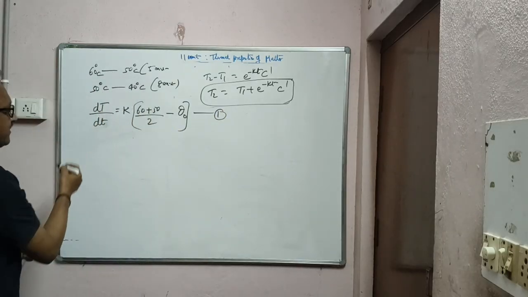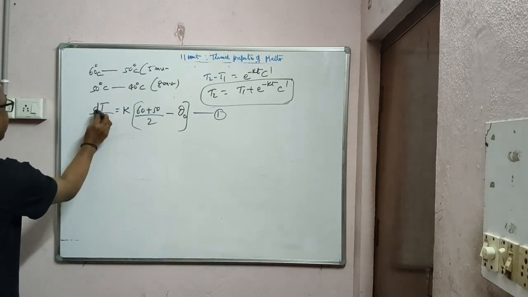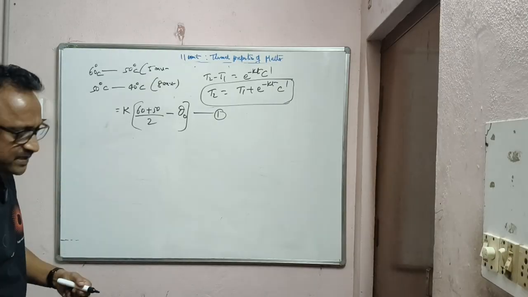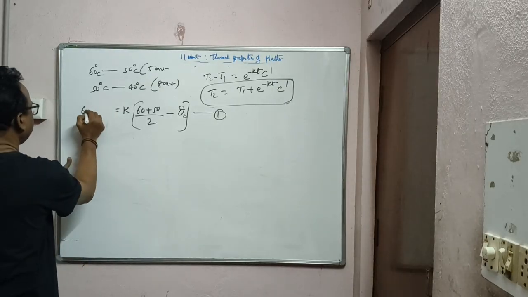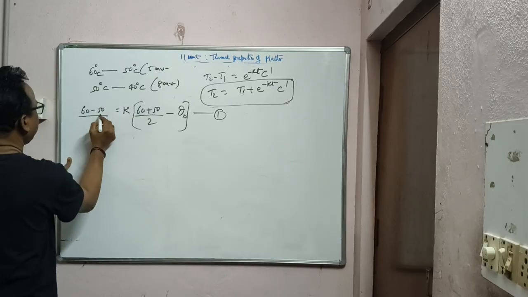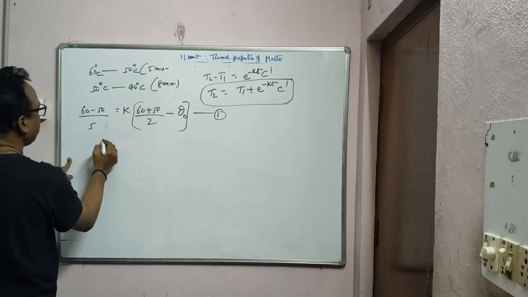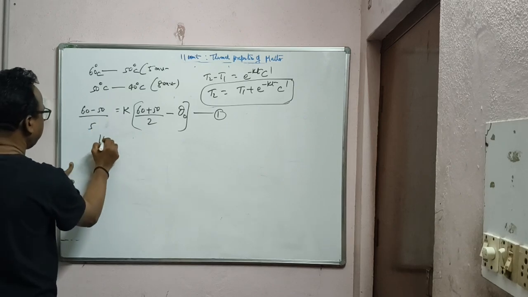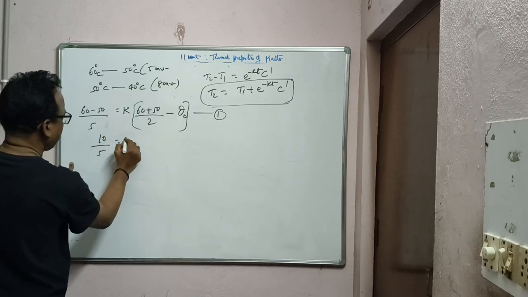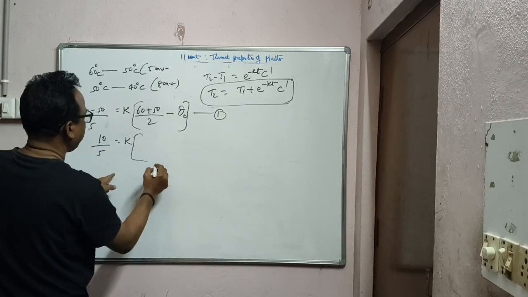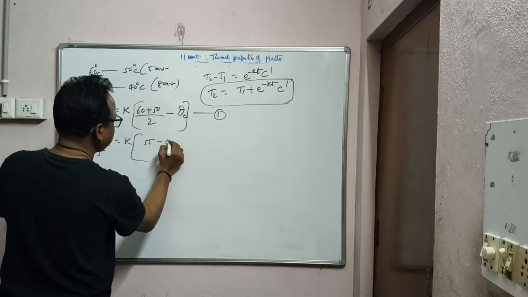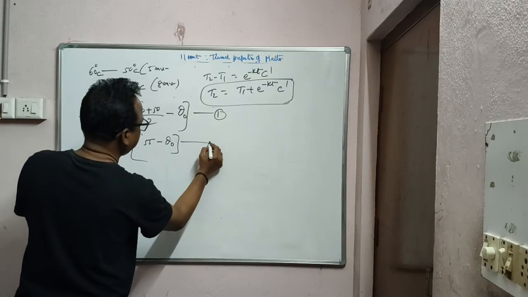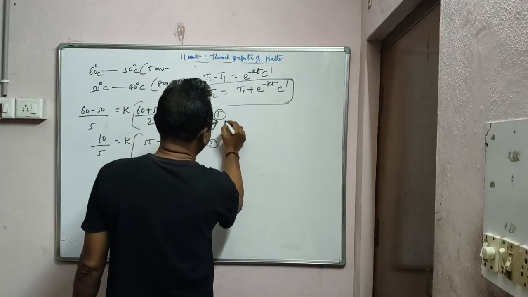Here dT means the difference in temperature. In dT/dt, what is the difference in temperature? 60 minus 50, that is 10, by the time given, 5 minutes. Okay? So this is the first equation: (60 minus 50) that is 10 by 5 minutes is equal to constant into 110/2, that is 55 average, minus theta 0, equation 2. Here theta 0 is the surrounding temperature, I assume.